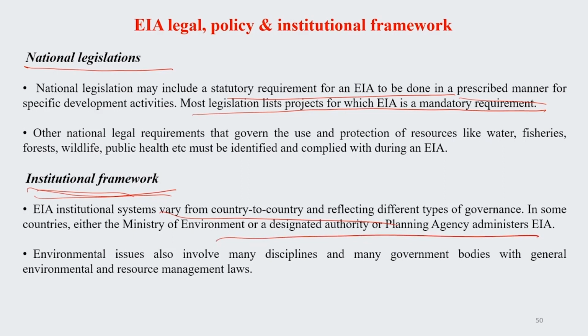In other cases it may work in a different way. Environment issues also often involve many disciplines, as we know: science, engineering, arts, everything comes in. It is a purely interdisciplinary field. Many government bodies with general environmental and resource management laws are also involved in EIA.